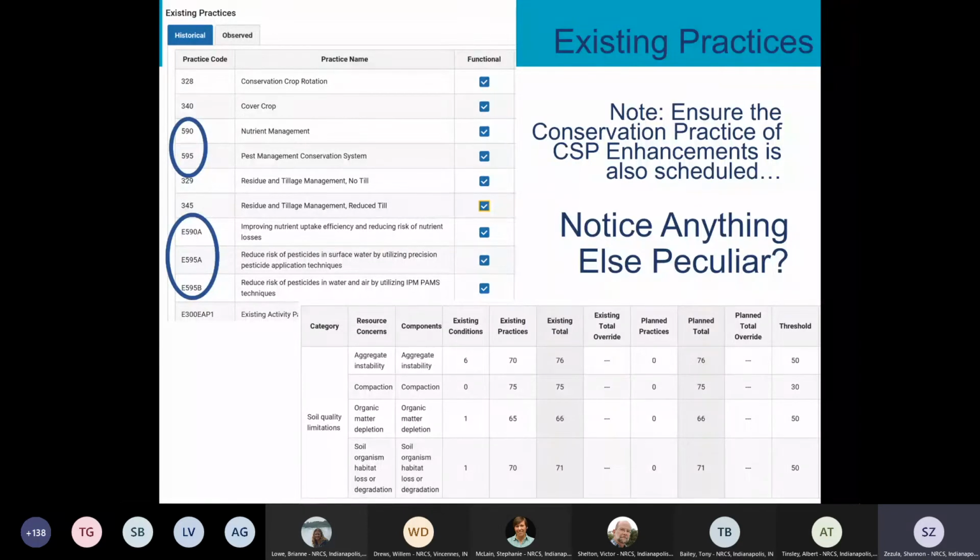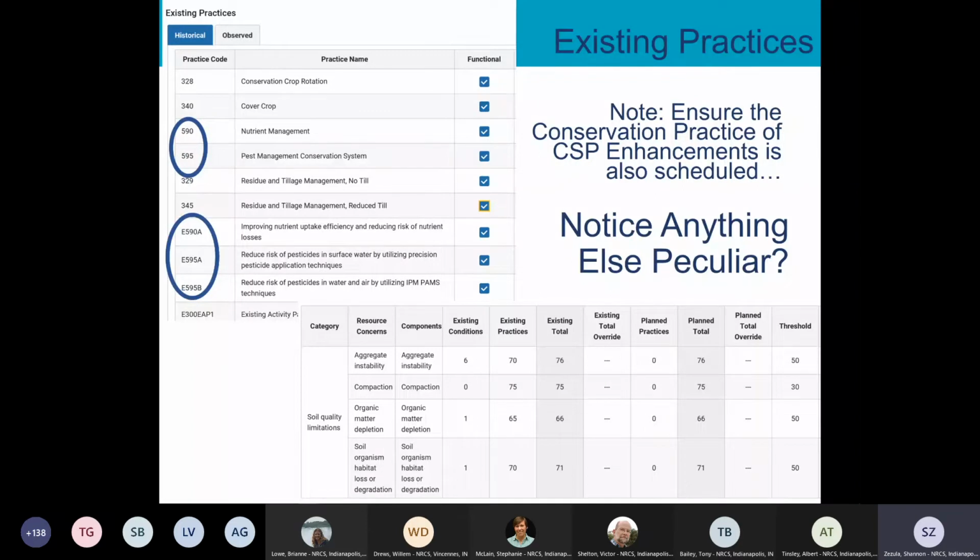So to get credit for these past installed CSP enhancements, you also have to make sure that the actual conservation practice itself is also identified as an existing practice. And again, that's primarily for the CSP side of things, where being at the MET threshold already when you start is more important in some cases than, say, EQIP.